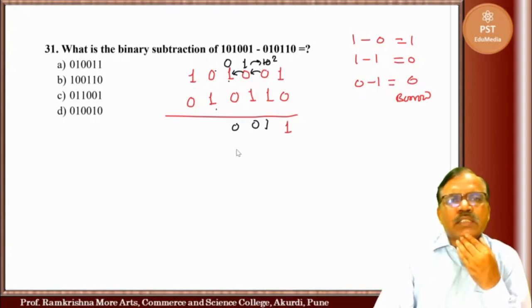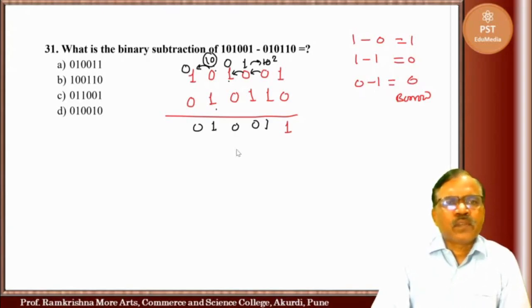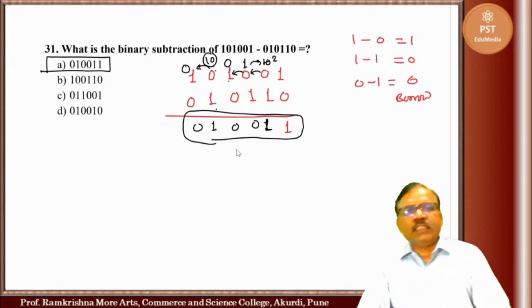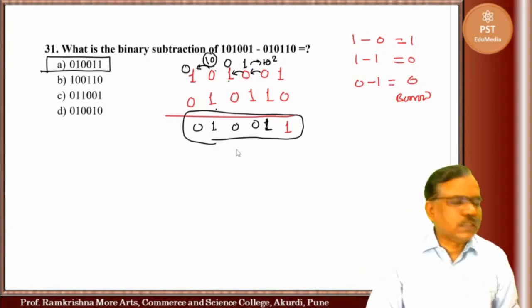Now 0 minus 1, we borrow this here, so we take here 0 and here 10. 10 means decimal 2, so 2 minus 1 is 1 and then 0 0. So we will get here 010011. So this is the subtraction. So this one is correct.